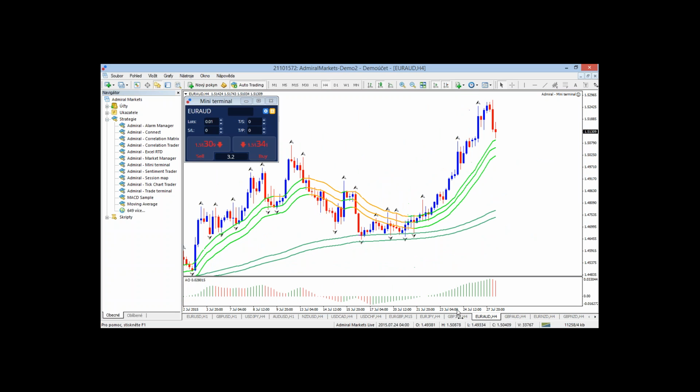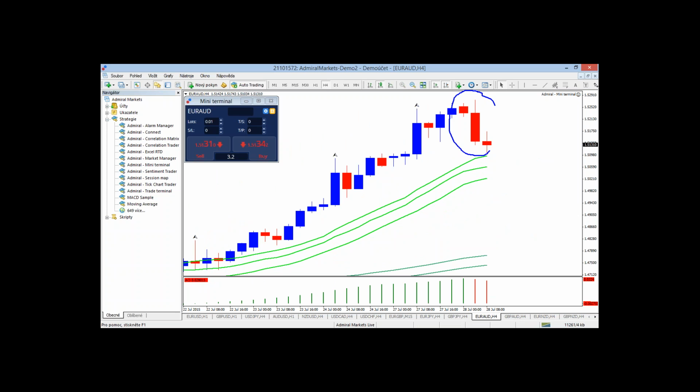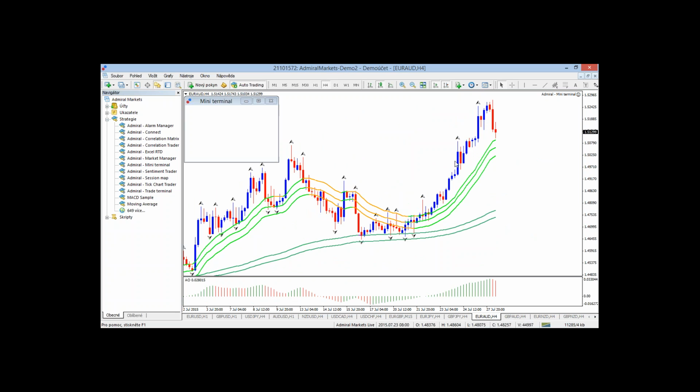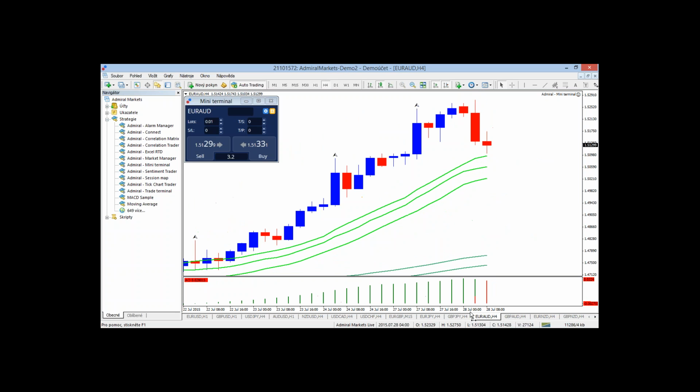Thing is that the 4-hour chart just posted a pretty strong 4-hour candle to the opposite side. All these 4-hour candles here were quite small. This one is quite big. So from that perspective, I would need to see this 4-hour candle close.